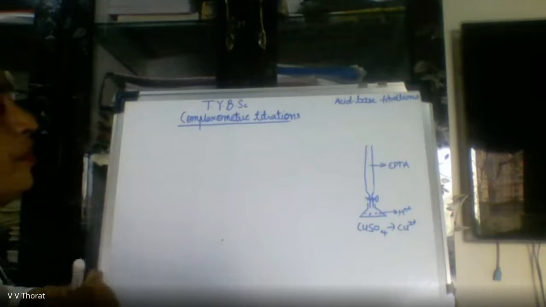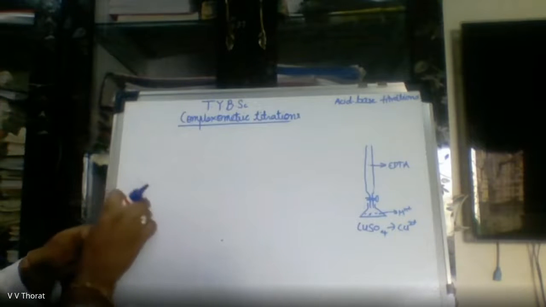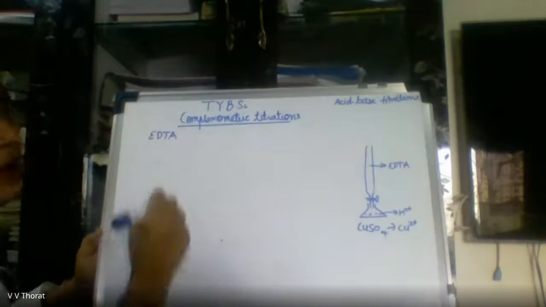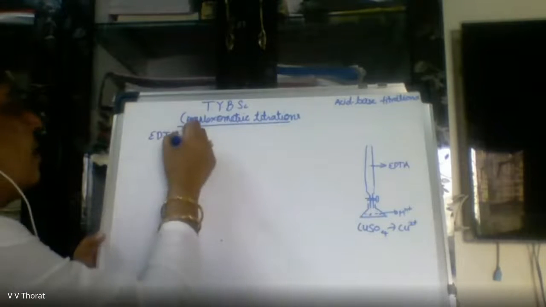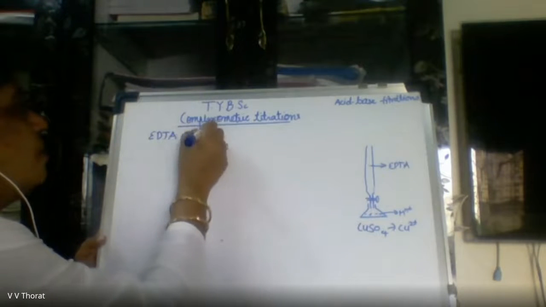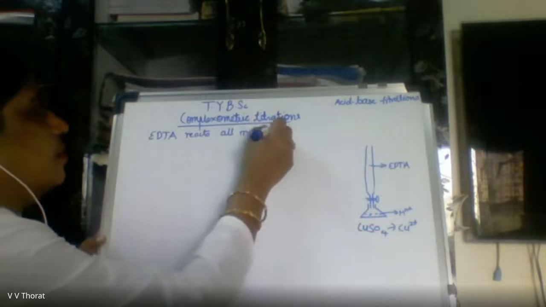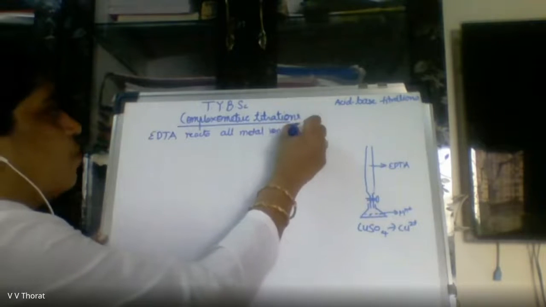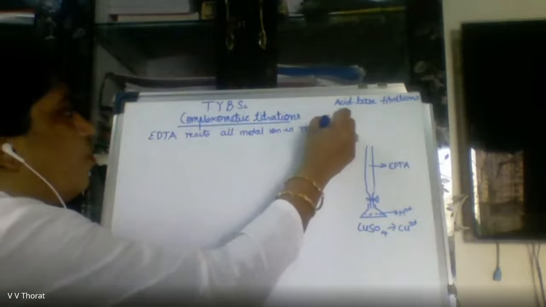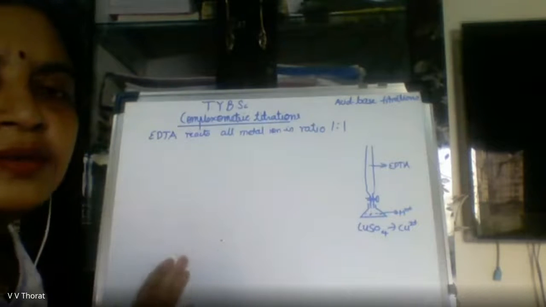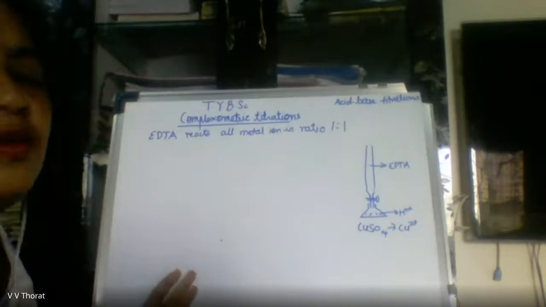Now very important, you should understand this: EDTA, ethylene diamine tetraacetic acid, reacts with all metal ions in the ratio of 1 is to 1. This is the best objective question.